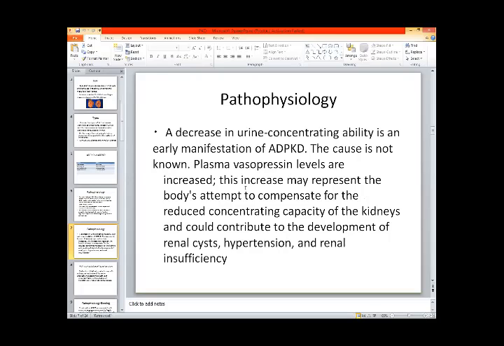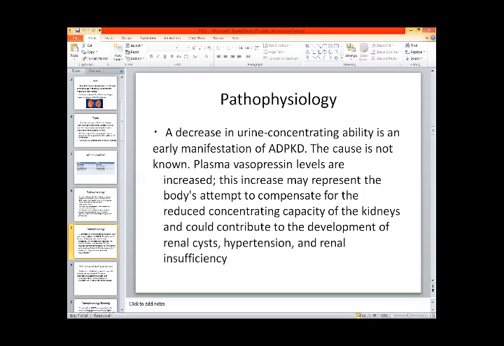Plasma vasopressin level increases as a compensatory pathway, which leads to accumulation of fluid in the body and the development of new cysts. The cysts are filled with a lot of fluid, and high fluid retention leads to hypertension and renal insufficiency.